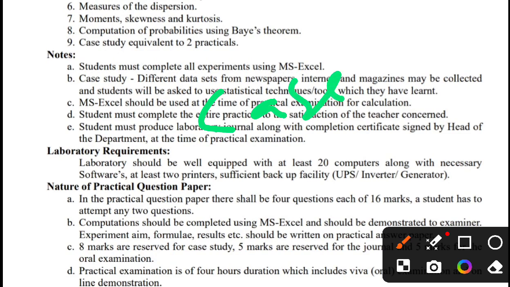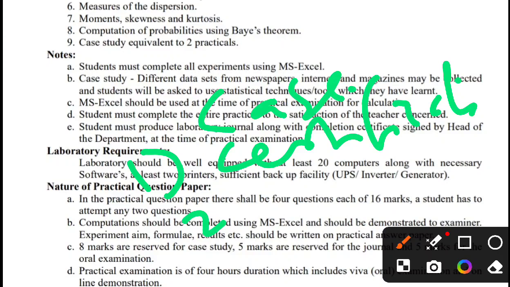Whatever is there in your case study, you have to perform all those parts and submit them in a separate book. For the case study, the first page should be the certificate page. The second page is the certificate that all the group members have completed this solely.